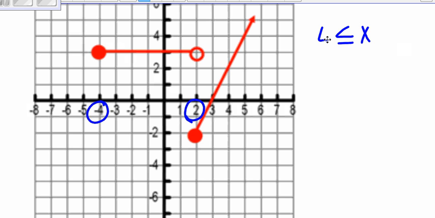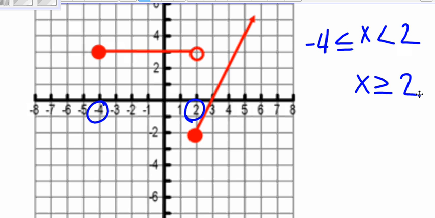Okay, so I know that because the hole is included there. It's a closed circle. And then at 2, it's just going to be less than 2. Then I'm going to look at my second interval. It starts at 2 and then goes to infinity. So x is greater than or equal to 2, because 2 is included for that piece.